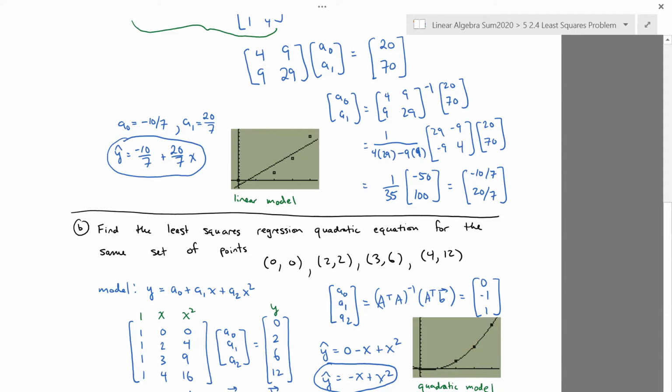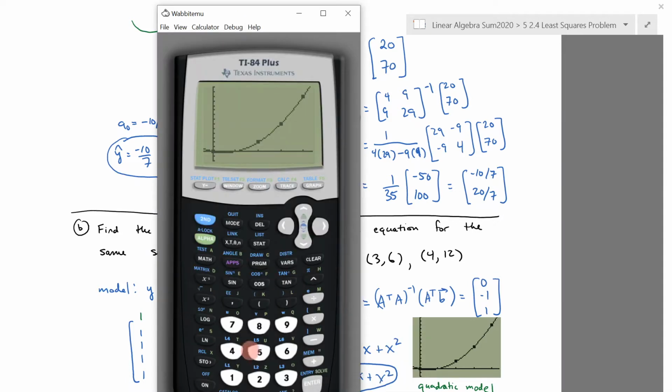And so the original system has 0, -1, 1 as a solution, and it could have been attained by solving Ax equals b directly. What do I mean by that?